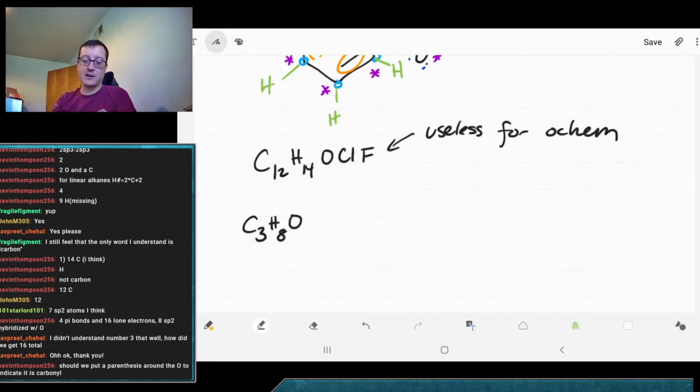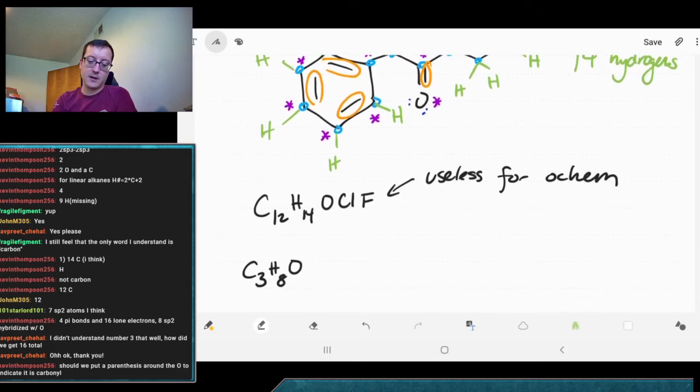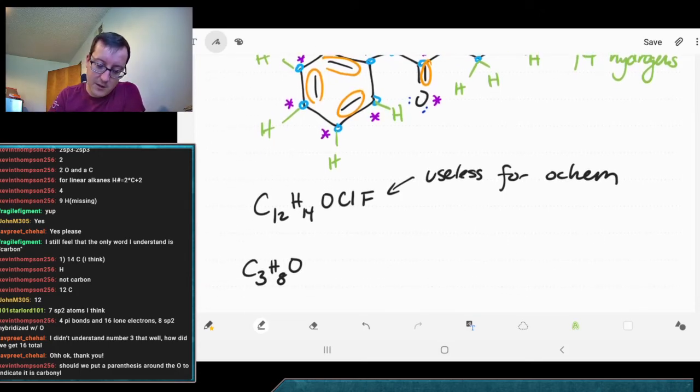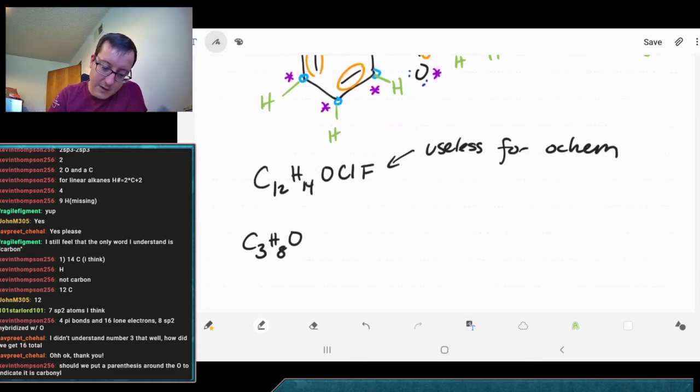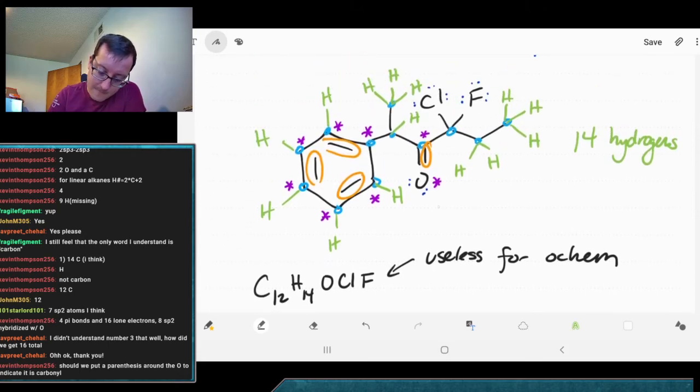If you were to do a condensed formula for this, we would have to write that benzene part as its own thing, just to indicate these are separate.